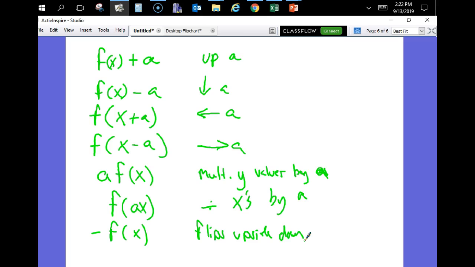Okay, and therefore this flips it sideways. It's a horizontal reflection. So this is just review, but that's all the transformations that we've learned. If you do those things to the function, they'll get messed around with a little bit, right?